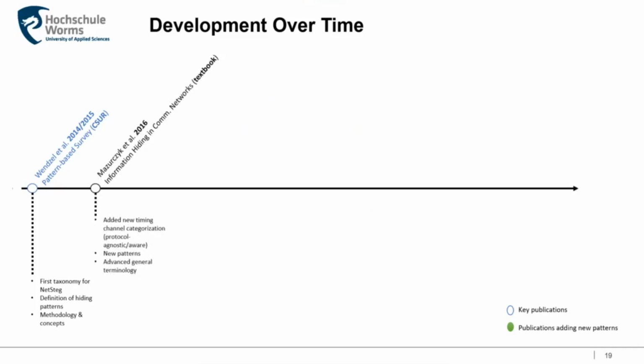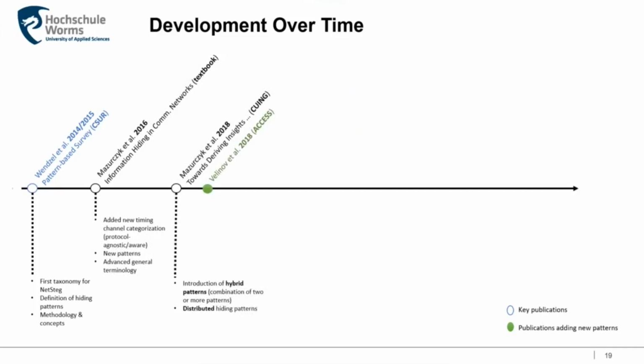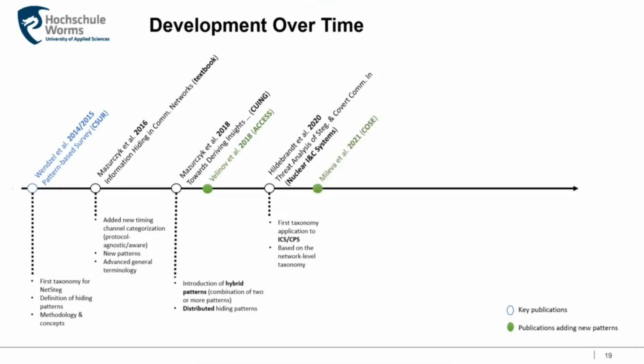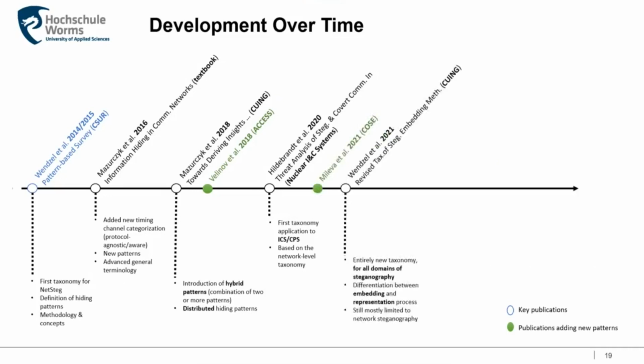And then there were lots of intermediate publications. Some added new patterns, others revised the taxonomy. Colleagues from Magdeburg applied the taxonomy to industrial control systems, and it worked as well. So they extended things quite nicely, and then the consortium grew.